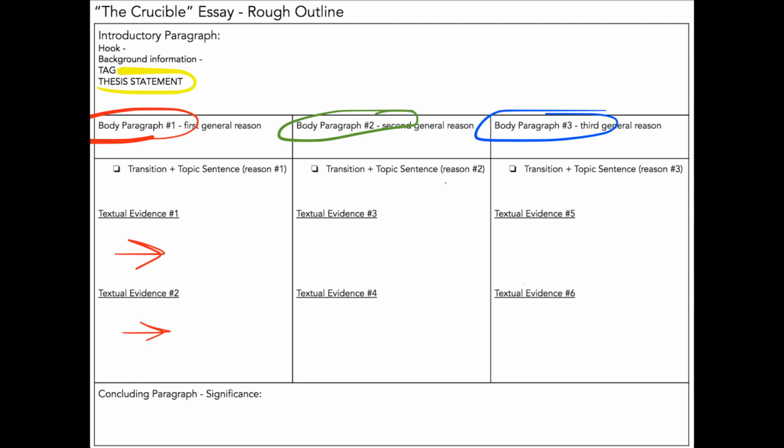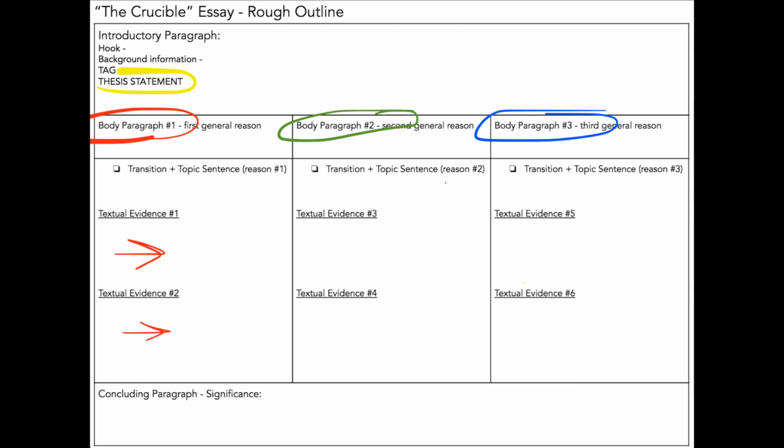Another very handy tool you have is the slideshows of all of the different pieces of textual evidence, which I put into your class folder. And finally, you could also just look directly in the play, right? And you can find pieces of evidence that help you prove your point.